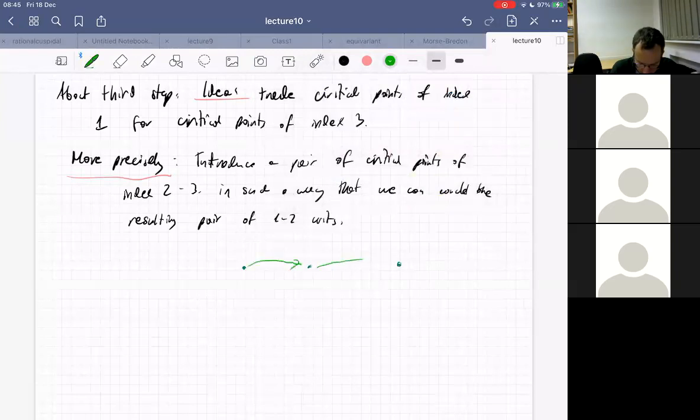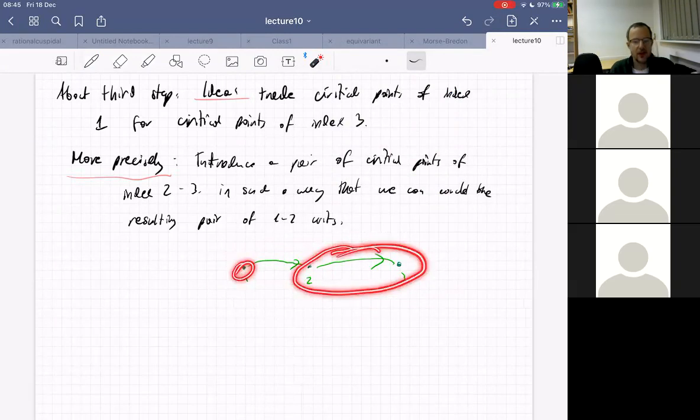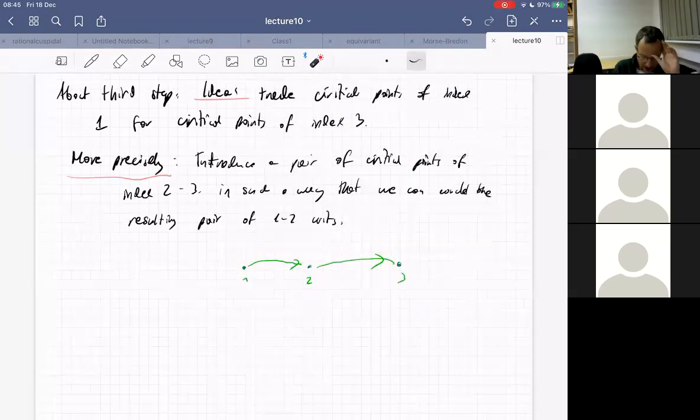We have trajectories from index 1, 2, 3, and if you have a situation like this, we can either cancel this pair of critical points or this pair of critical points. So for a critical point of index 1, we will create a pair of index 2 and 3 critical points, and then we will cancel the 1, 2 critical points, so we are left over with the index 3 critical point.